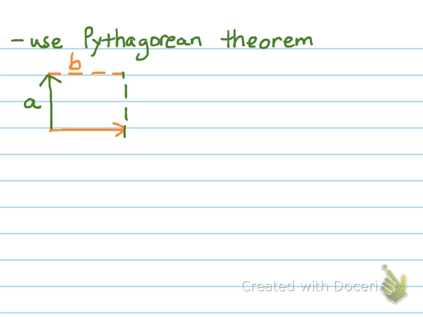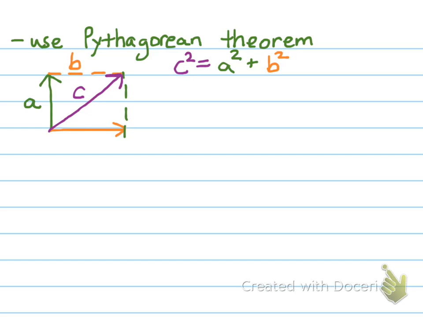So this resultant, this is C. And in that equation then, C squared equals A squared plus B squared.